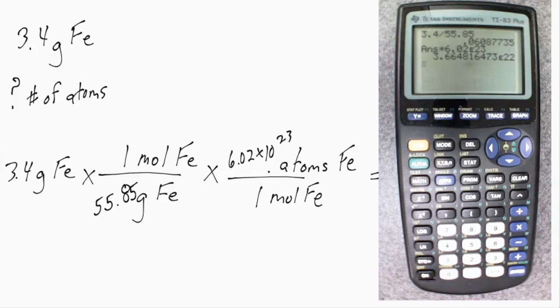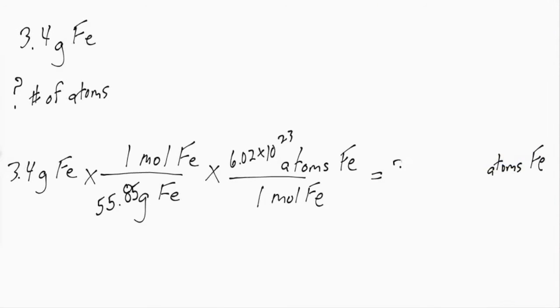Okay, so 3.4 grams of iron is equivalent to, let's see, two significant figures, 3.7 times 10 to the 22nd power atoms of iron. That's a lot of atoms in 3.4 grams of iron.